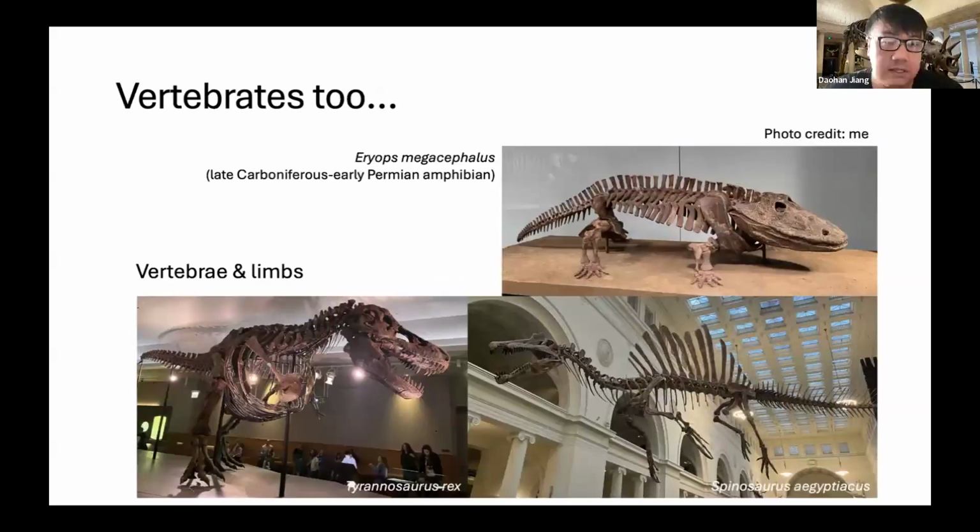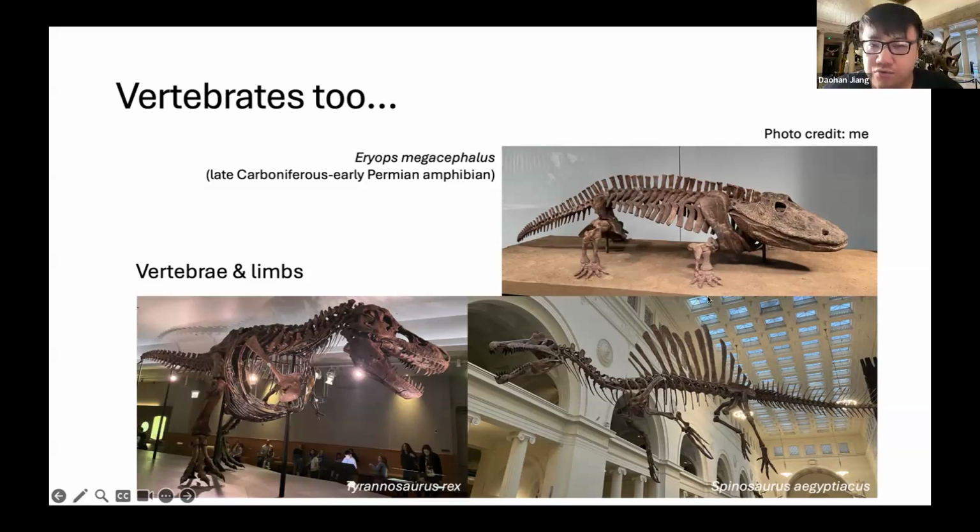Vertebrates also consist of various kinds of repeated parts, such as our vertebra, which are regionalized in different ways in different groups. And in some species, they are modified into very specialized morphology. And our limbs, forelimbs and hind limbs, are serially homologous. They have the same basic skeletal structure.